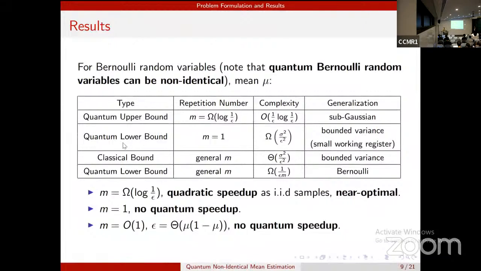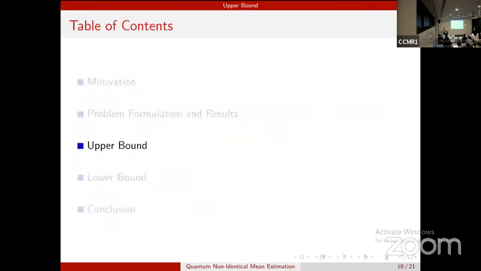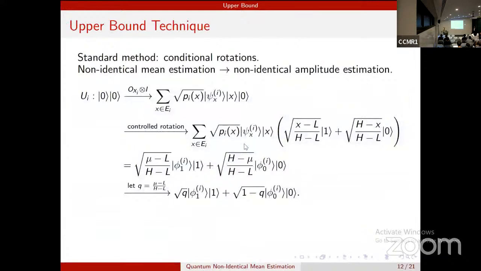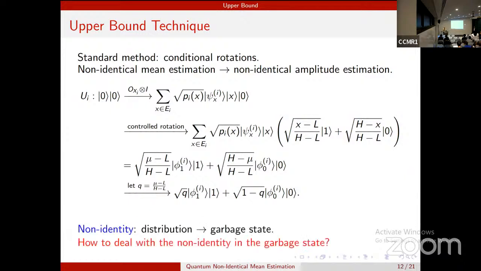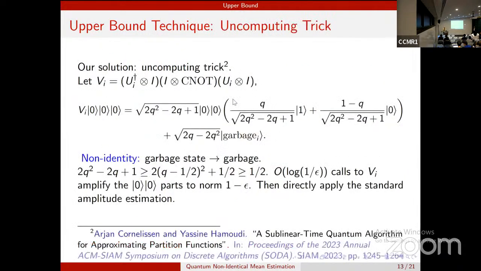Okay, so we have a lower bound for the M equals 1 case. So in this case, we can obtain no quantum speedup. But I think that in most quantum mean estimation methods or quantum amplitude estimation methods, they always require one query to some oracle O and a pair of O dagger.